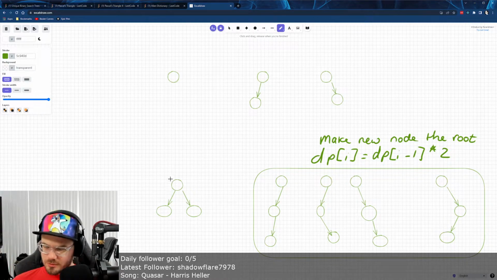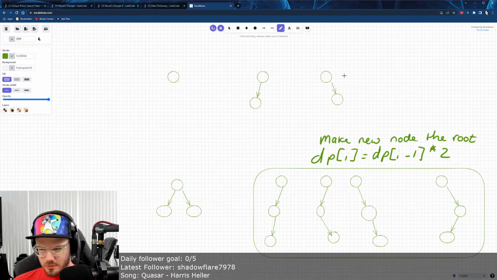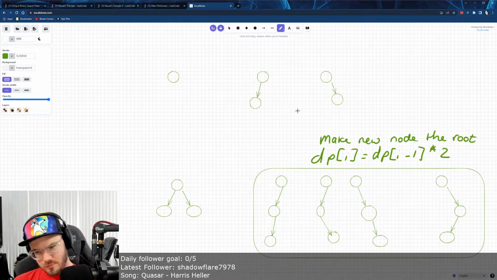So that now we just have to figure this out. So if we're not making the new node the root, then we're making the new node a child of one of the nodes in any of the trees for I minus 1.